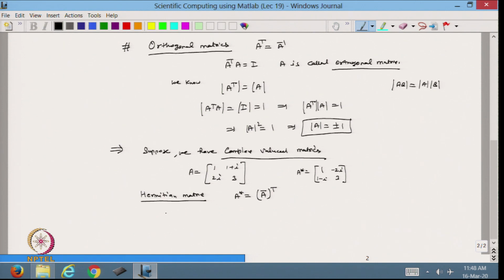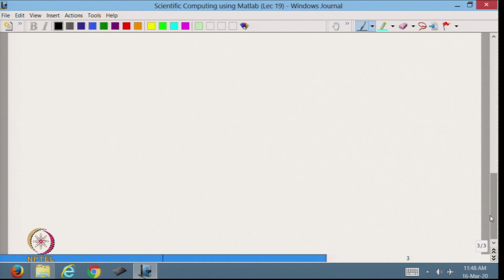So, the Hermitian matrix is, if A star is equal to A, this is my condition, then the matrix A is called Hermitian matrix. So, that is my Hermitian matrix.